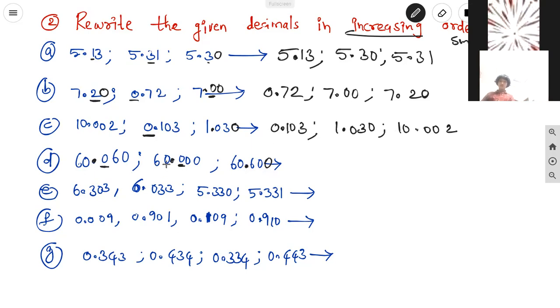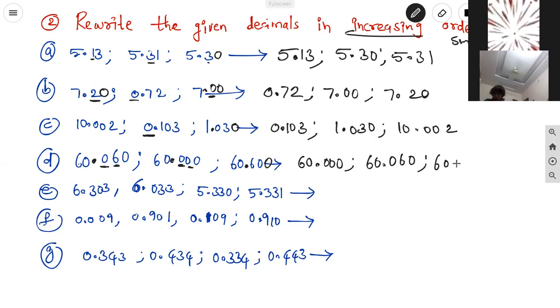So in the two numbers, 10th digit is same. Then go for the 100th digit. Here 6 is there, here 0 is there. 0 is smaller. So write first 60.000. Next smaller is 60.060. Next bigger is 60.600.